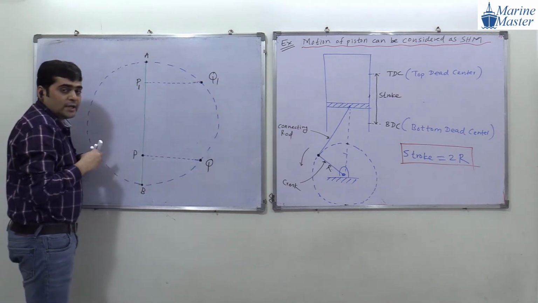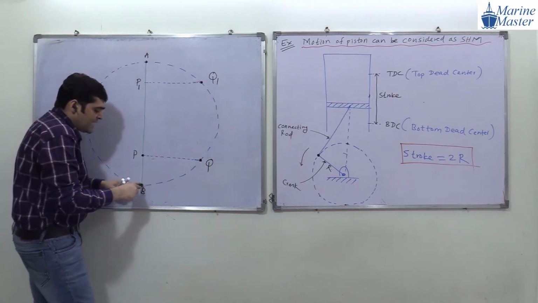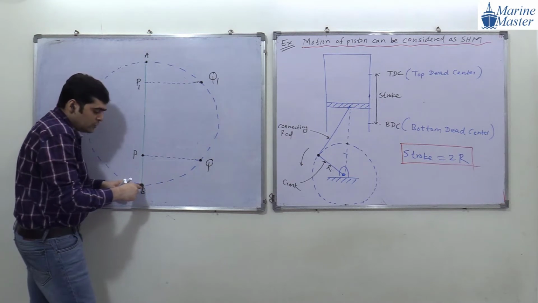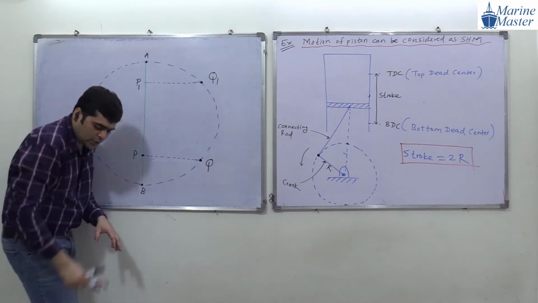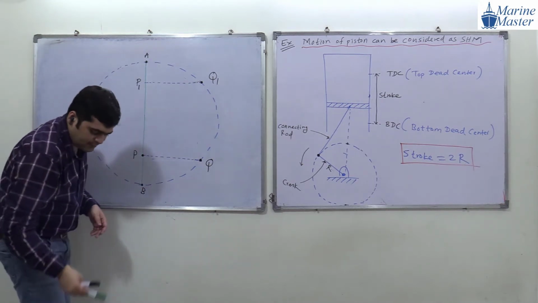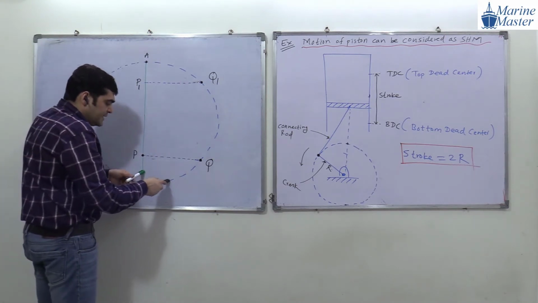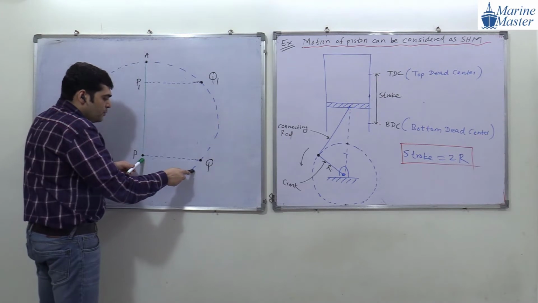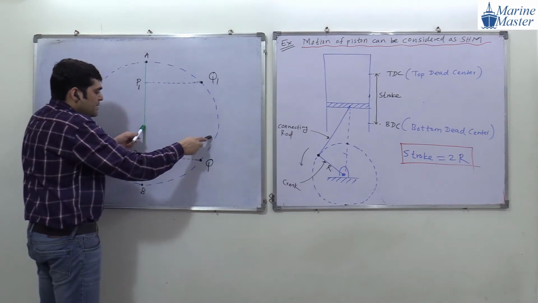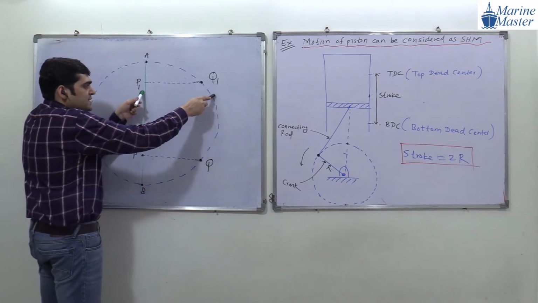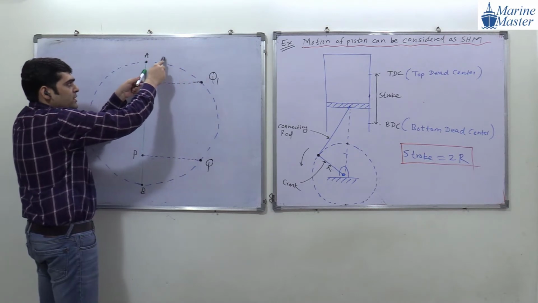Now see the point here. Suppose point Q starts from here. When point Q moves like this, the corresponding projection point P also moves on this diameter AB. So see the motion of two things.